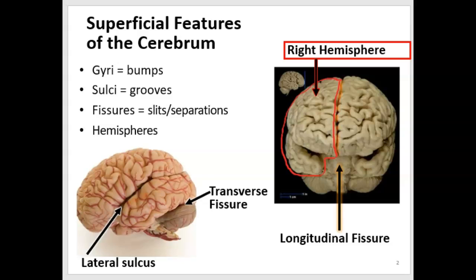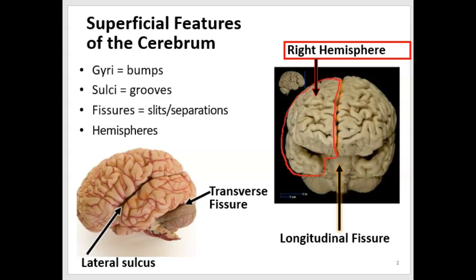The transverse fissure, also another deep slit, is labeled on the picture on the left as well, and it separates the cerebellum, which is dark brown, from the cerebrum, which is a little bit more pink.